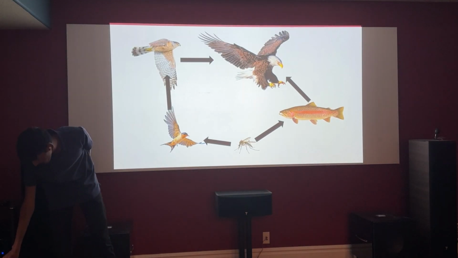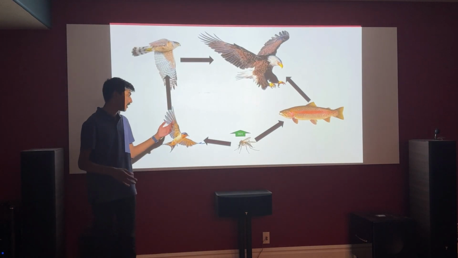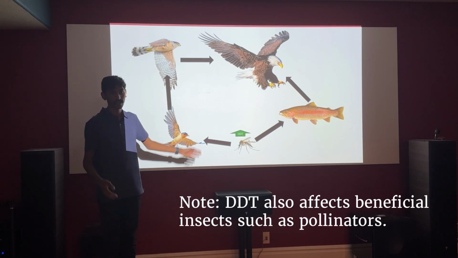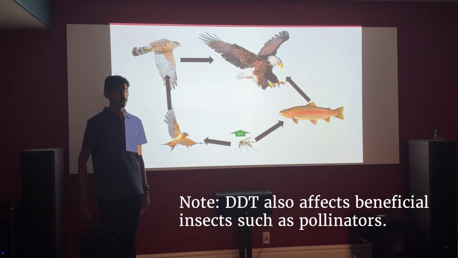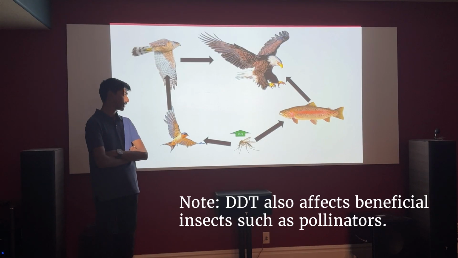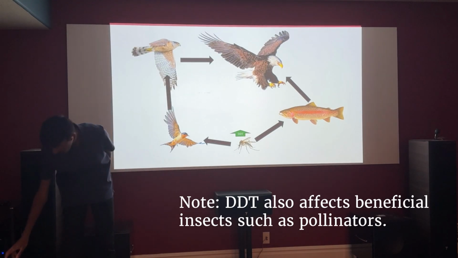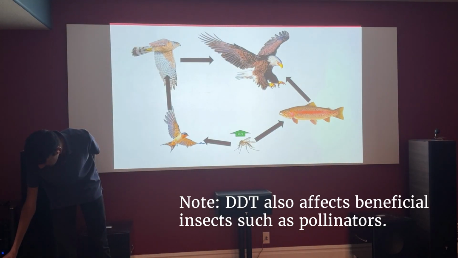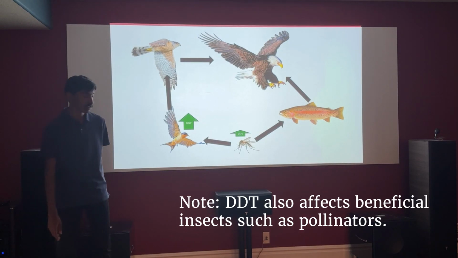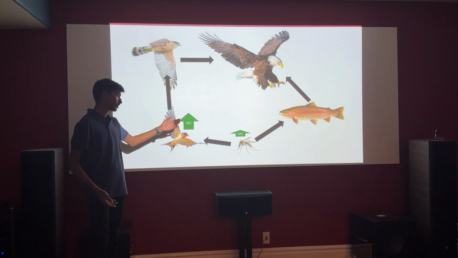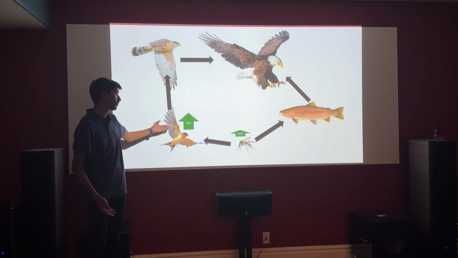Now, here, let's just say that mosquitoes have X amount of DDT in them, right? Doesn't seem too bad, it's just a little bit. It's not too significant, but that has a chain reaction effect across the entire ecosystem because those barn swallows aren't just going to be eating one mosquito. They're going to be eating multiple mosquitoes. And so there's going to be even more DDT buildup in them.